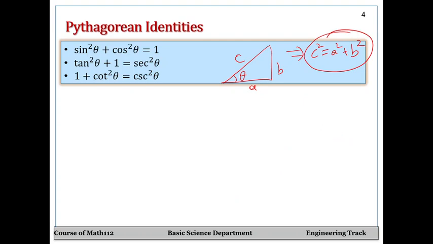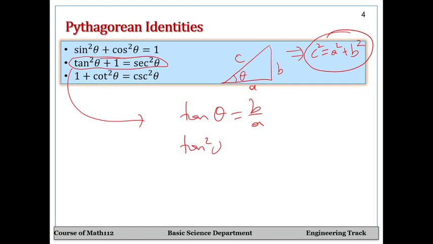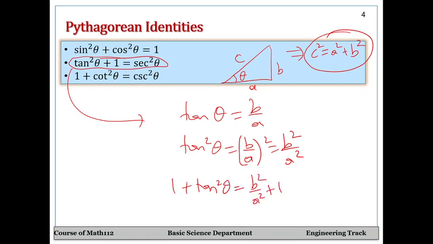Let's think about how the next one happens. Tangent theta is equal to B over A. Now, what is tangent squared theta? This is B over A squared, which is B squared over A squared. Let's add 1 to both sides. You get B squared over A squared plus A squared over A squared.